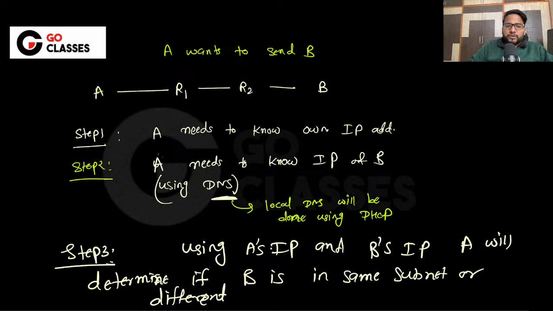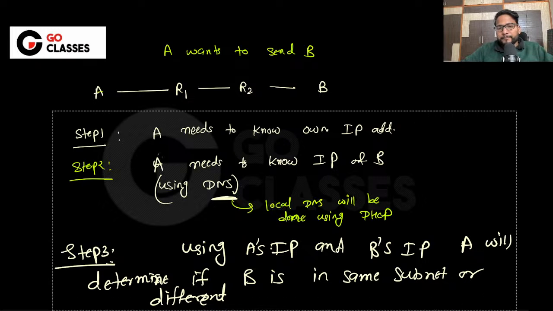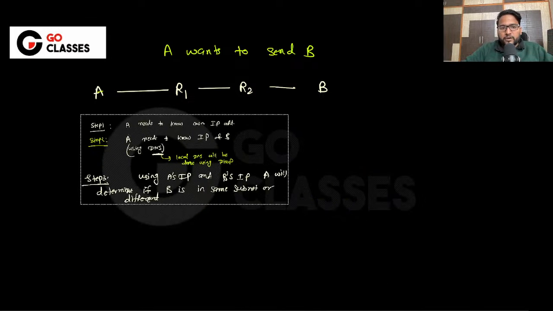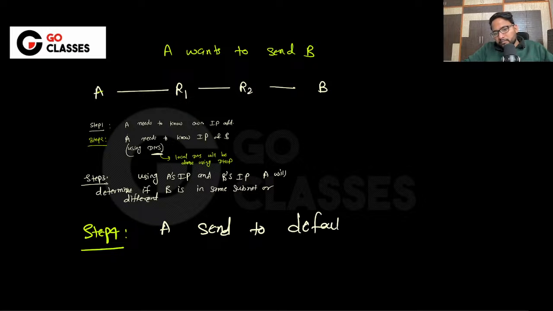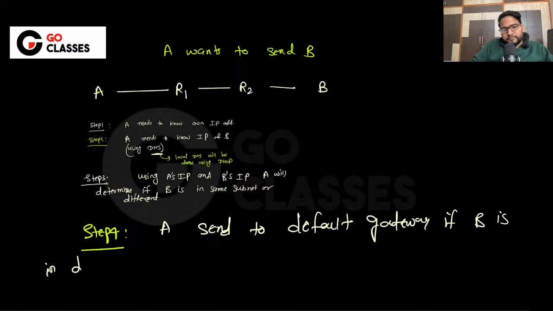Now suppose A gets to know that B is in a different subnet, then step 4, default gateway if B is in a different subnet, right?